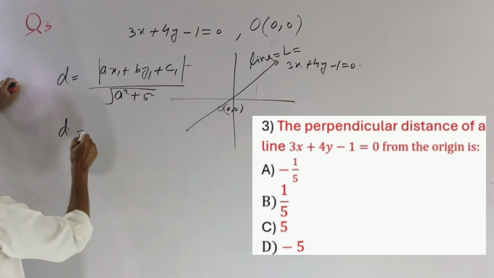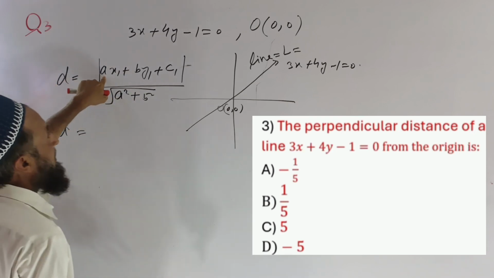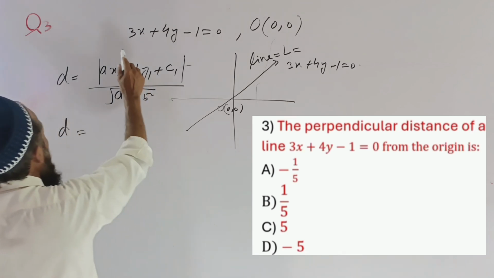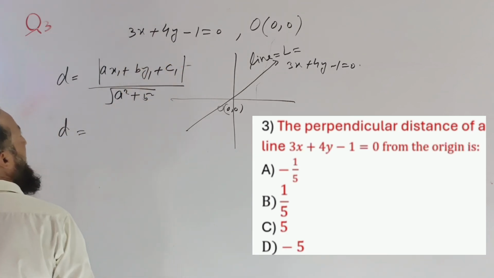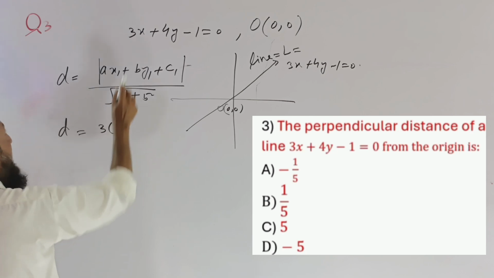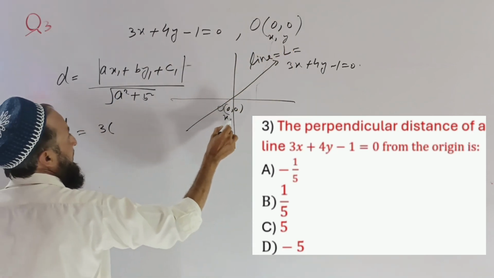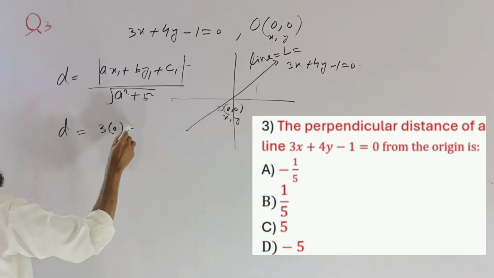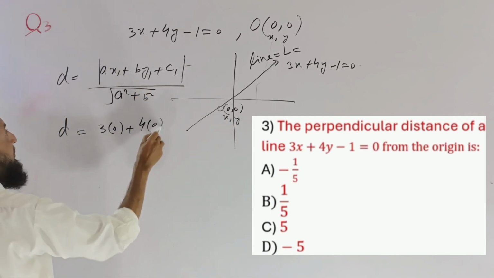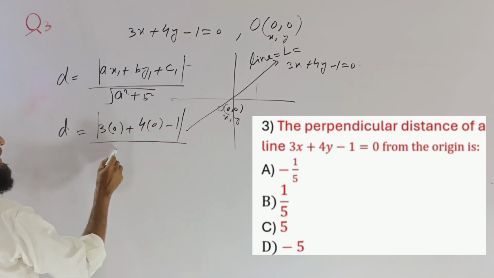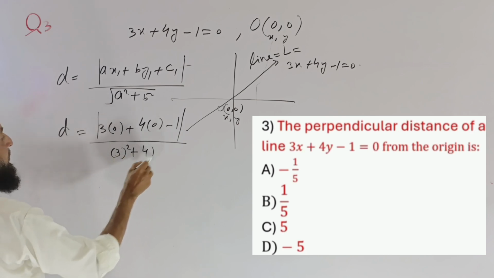Here, comparing with the line, a is 3 and b is 4, and the point is the origin (0, 0). So we put in 3 times 0 plus 4 times 0 minus 1, absolute, divided by the square root of 3 square plus 4 square.